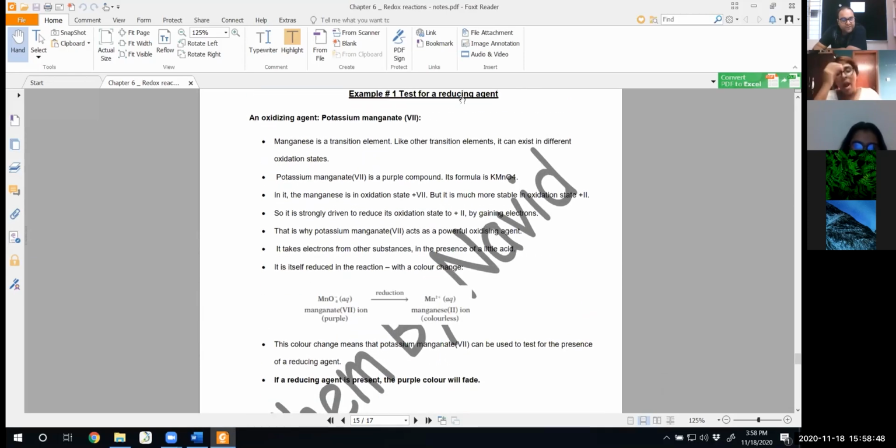So, test for a reducing agent. If you're testing for a reducing agent, you have to add an oxidizing agent.